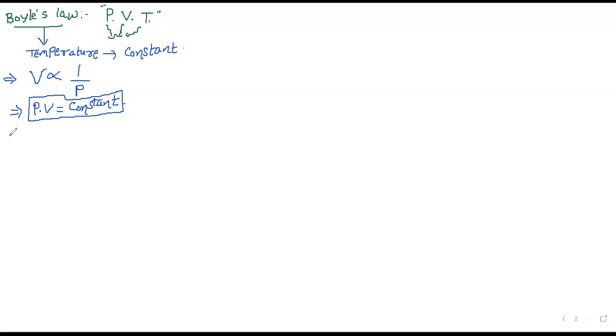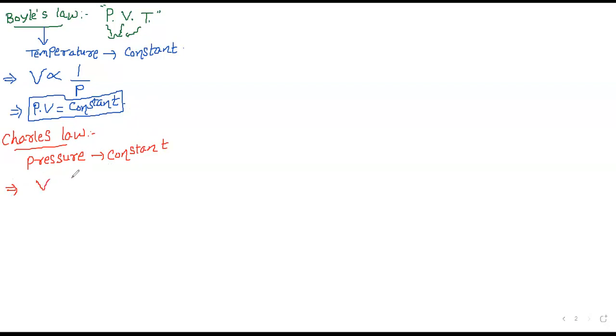Then we have another law, what we call Charles law. What's the statement of Charles law? In the case of Charles law, we keep the pressure constant. By keeping the pressure constant, we explain how the volume and the temperature are related.